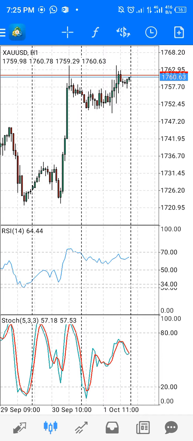Okay, this is the MT4 platform. I'm going to be using two indicators to get my entry and my exit in the market.